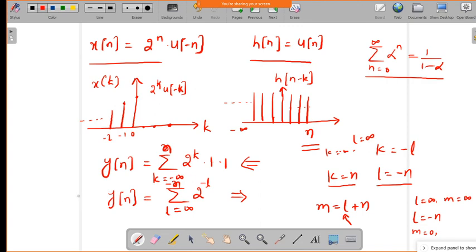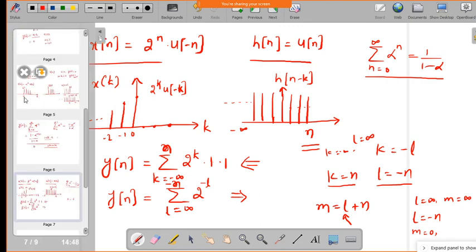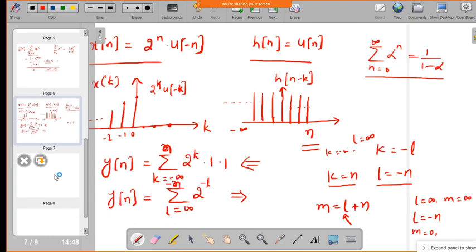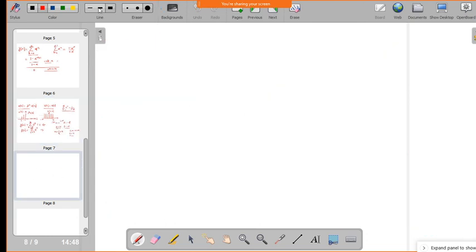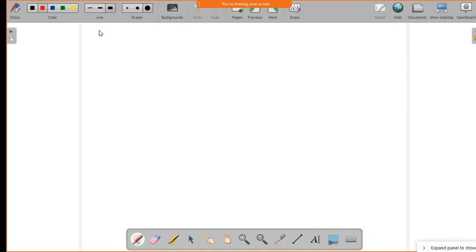Now what is your y of n? When l is equal to infinity, m is also infinity. When l becomes equal to minus n, m becomes 0. Now we have to replace minus l, since we took m equal to l plus n.